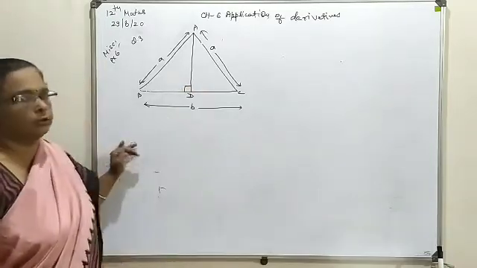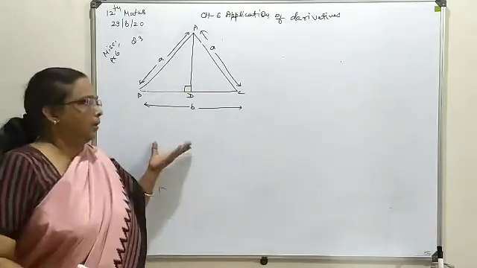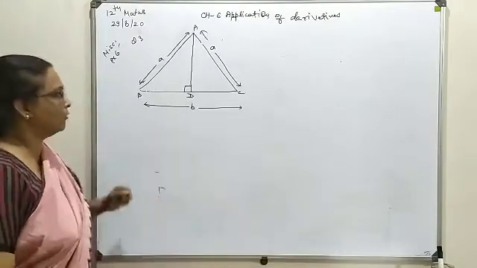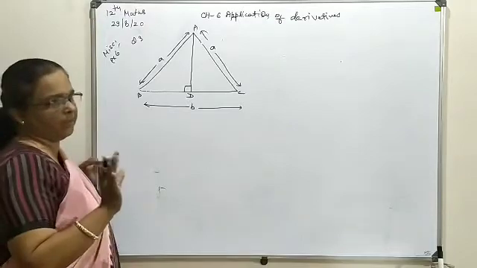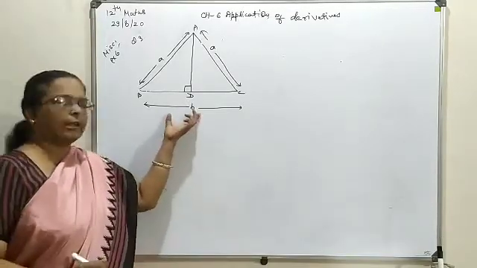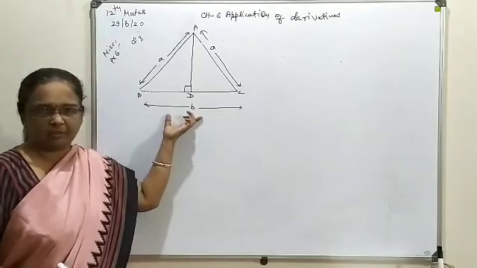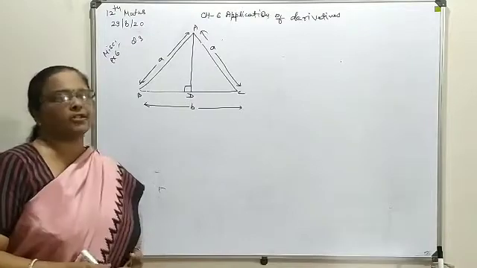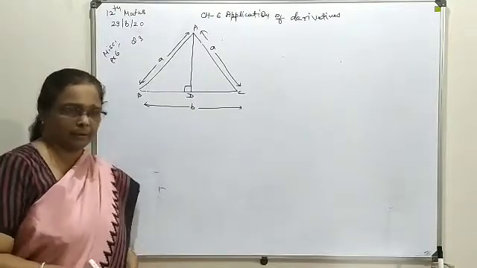Now we will find out the area of this isosceles triangle. First of all, we require its base and its height to find the area. The base is available as B, so we can directly use it. But the height AD is not available, so that has to be found here.